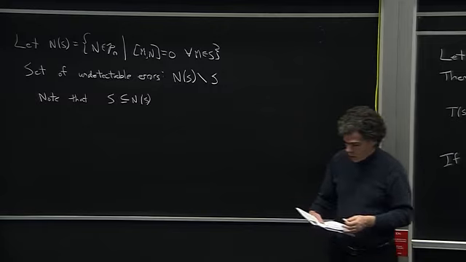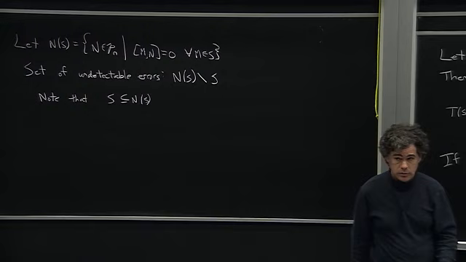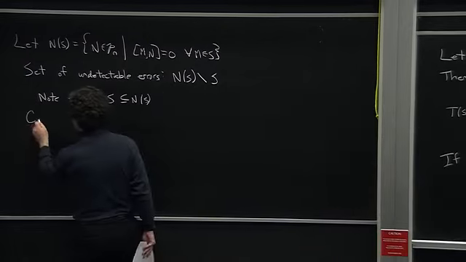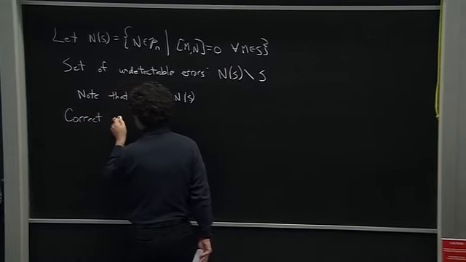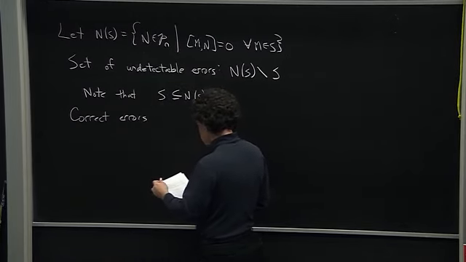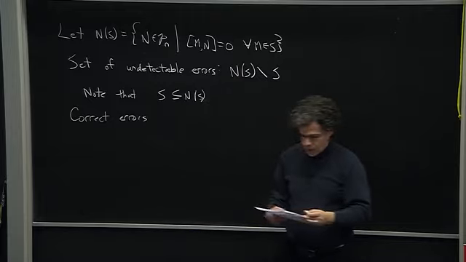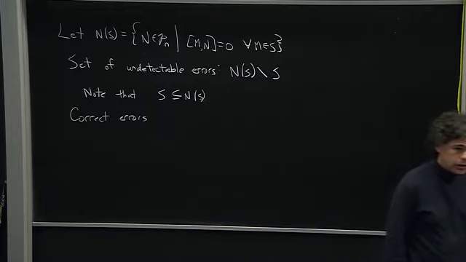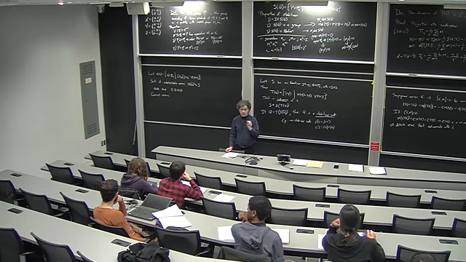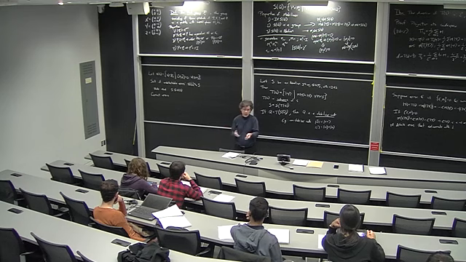Now suppose we want to correct errors. So this is detecting errors. If two errors have different error syndromes, then we'll be able to tell them apart. And if we can tell all the errors apart, then we can tell which one happened, and then we can correct it.